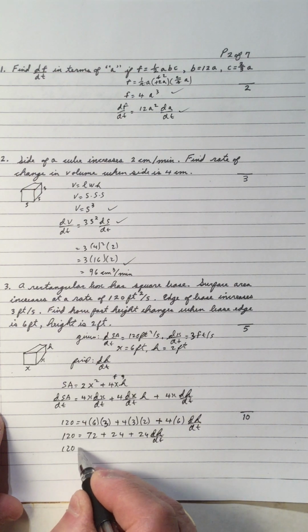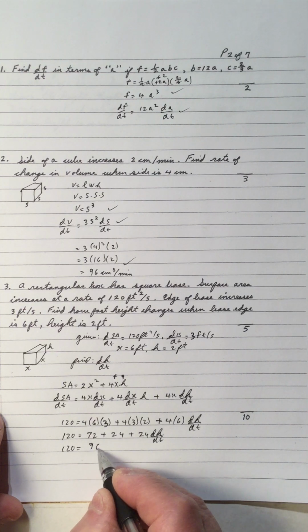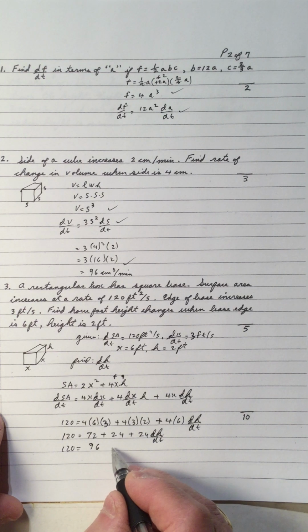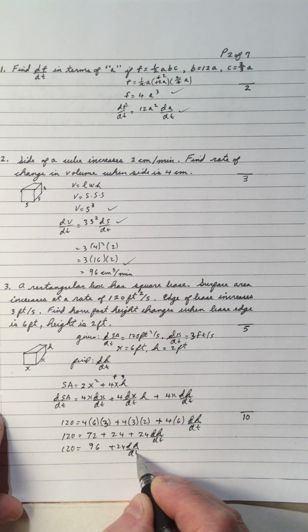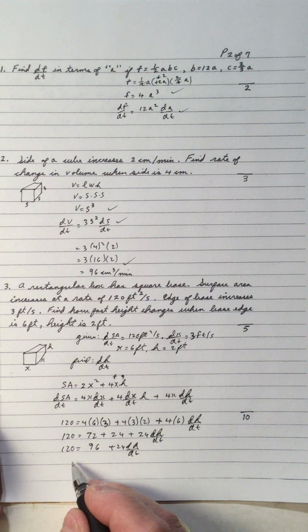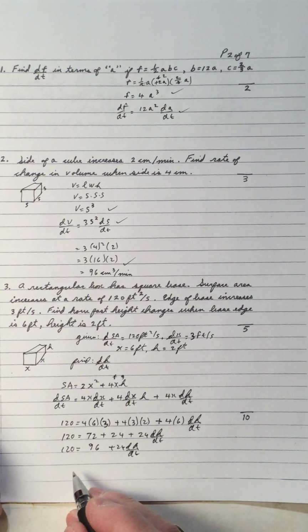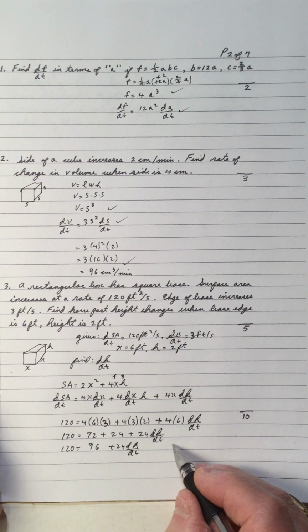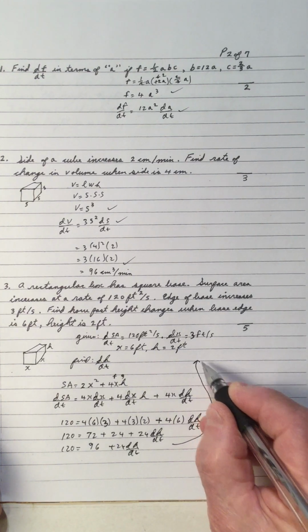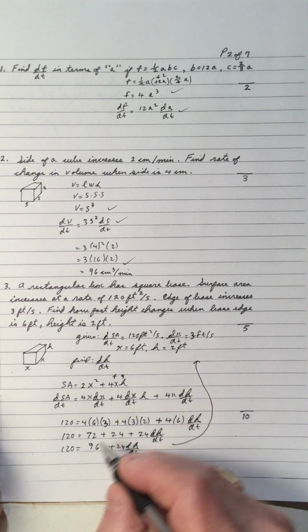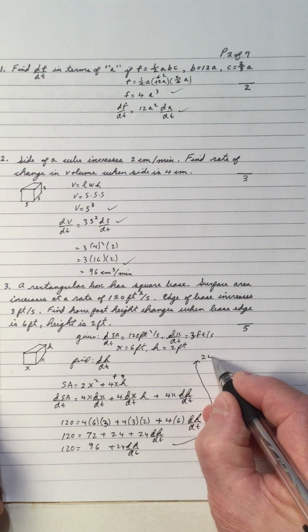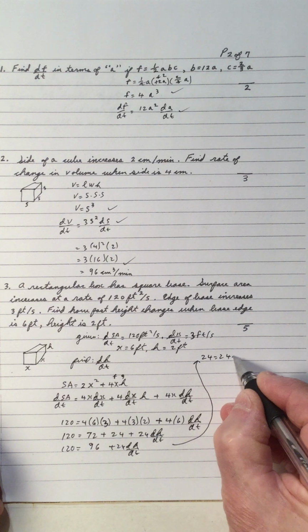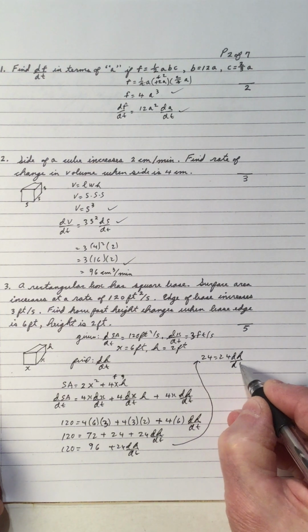So it's 120, that makes it 96 plus 24 dh/dt. And to save a little space, 120 minus 96 is 24, so 24 equals 24 dh/dt.